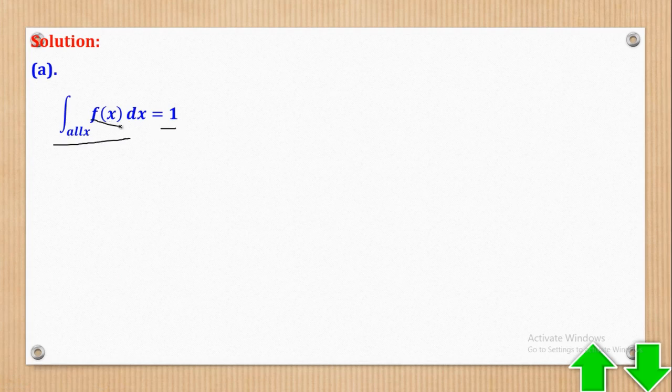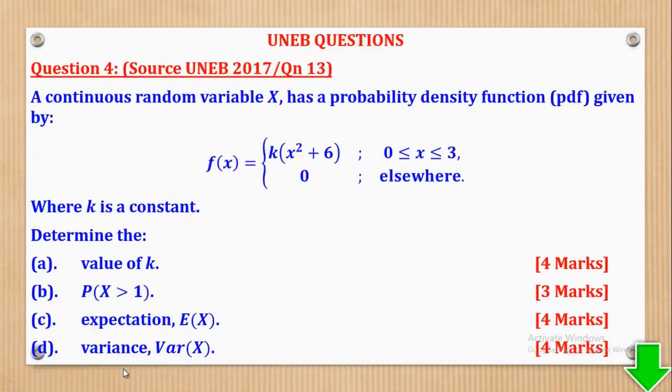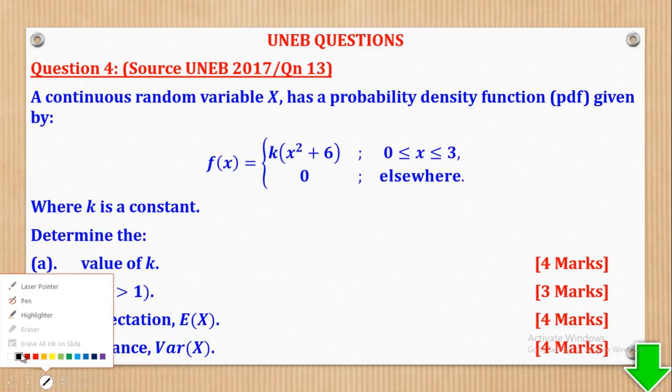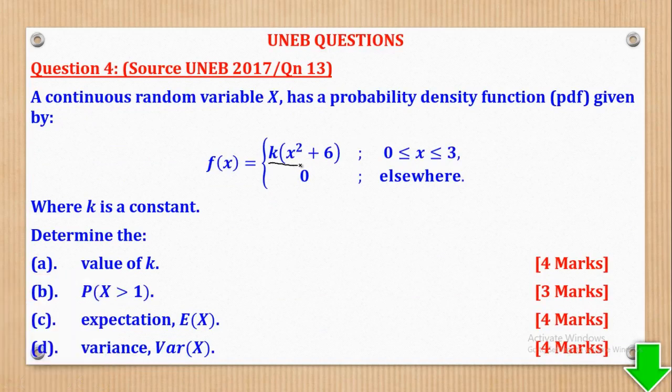So f(x) was always given in the question, and "all x" depends on the range of values given in the question. So when you go back to the question, f(x) is this, and the range of values of x are these ones. So all x means that you're going to integrate from the smallest one to the largest one, which is from 0 to 3. So let's substitute that in this expression.